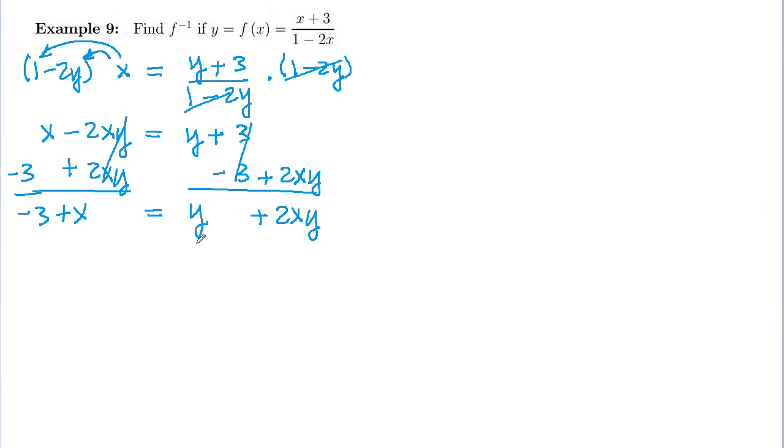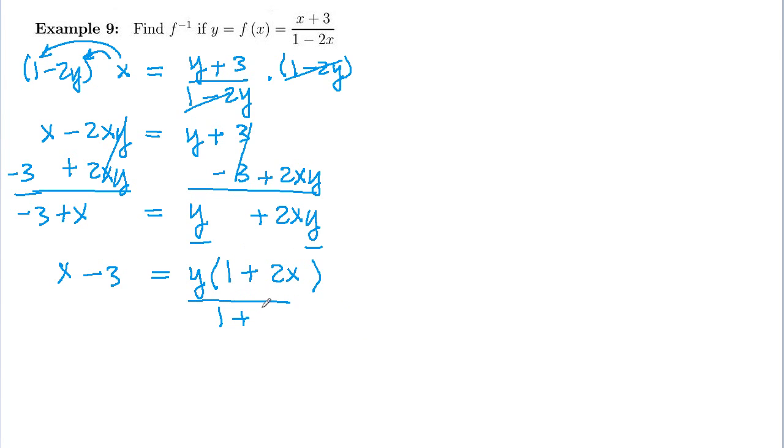And now we want to solve for y. Notice it's a common factor on the right-hand side, so let's factor that common y out. What's left in this term is a 1. Factor the y out of here, 2x is left. And on the left-hand side, negative 3 plus x, we can write that as x minus 3. And now y is multiplied by that quantity 1 plus 2x.